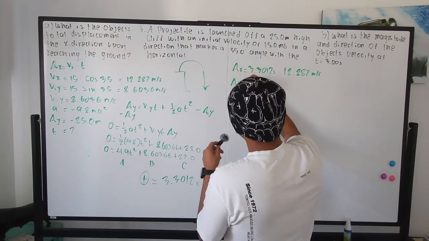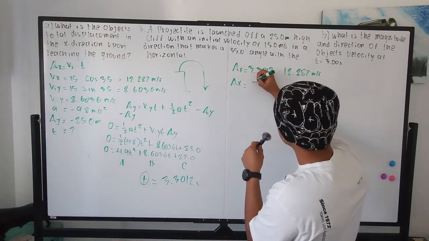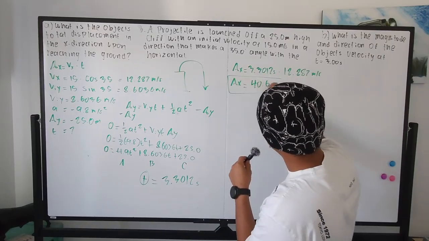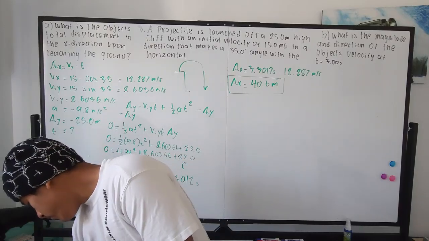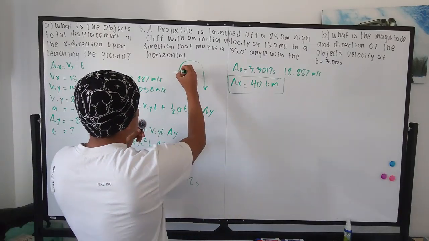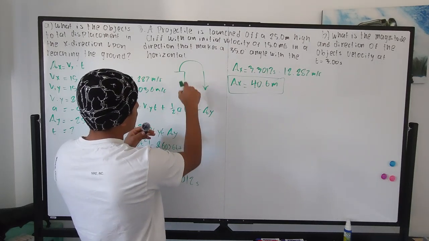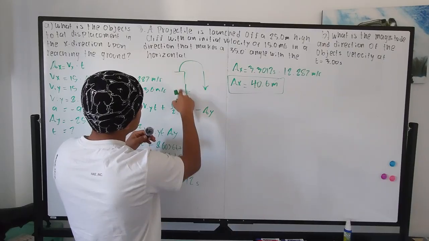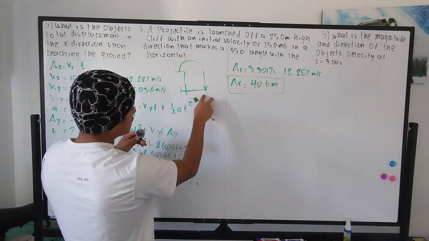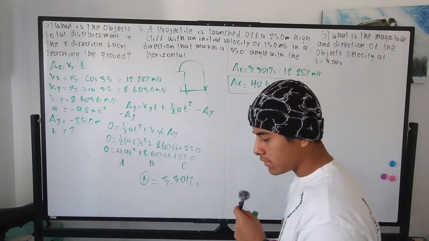So then our displacement is equal to an answer of 40.6 meters. So that means that this object, like there's somebody throwing it, from there to the part that it falls, this horizontal displacement is equal to 40.6 meters.